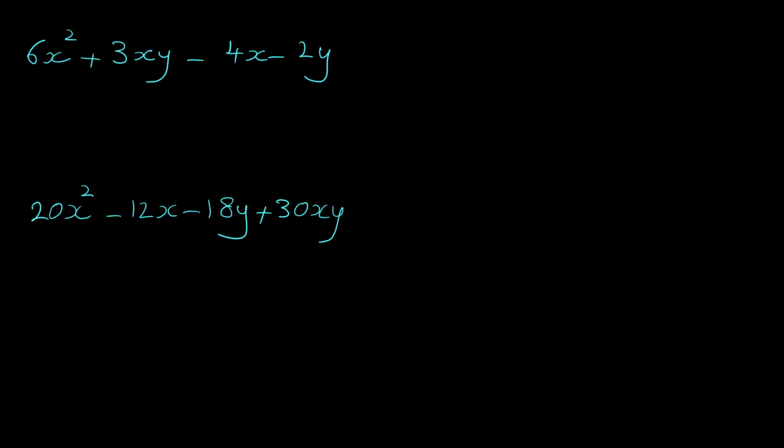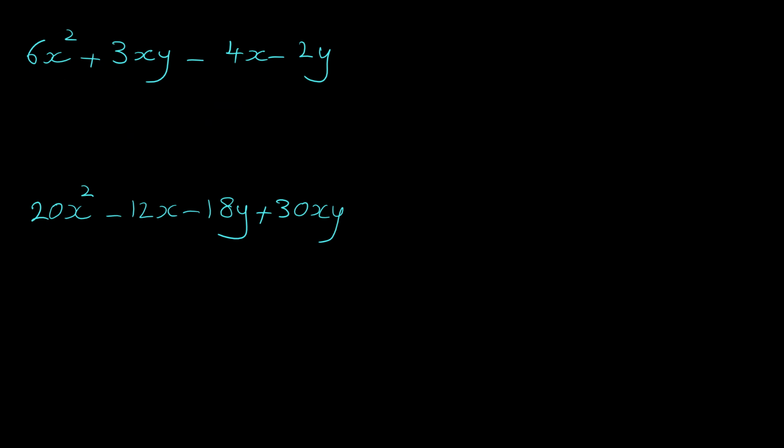Look at this example. 6x squared plus 3xy minus 4x minus 2y. First, let's see, do we have any pattern, any relation between coefficients? 6, 3, 4, 2. If you consider the ratio between these two, 6 divided by 3 is 2, 4 divided by 2 is also 2. There is a relation between the coefficients.